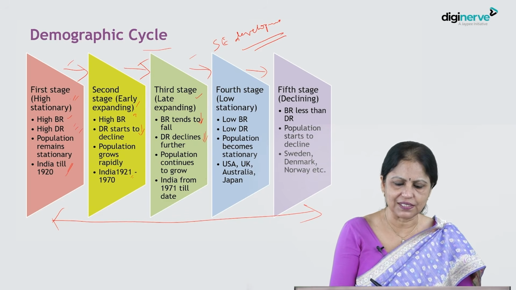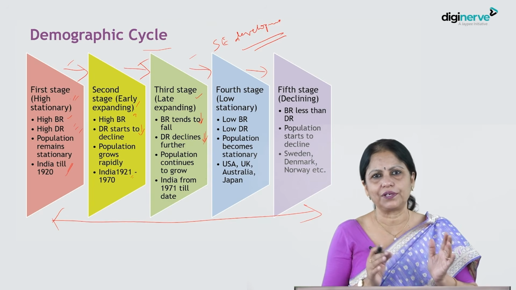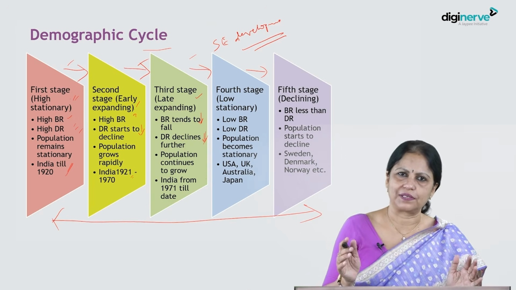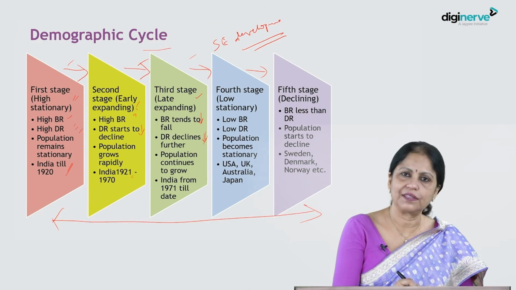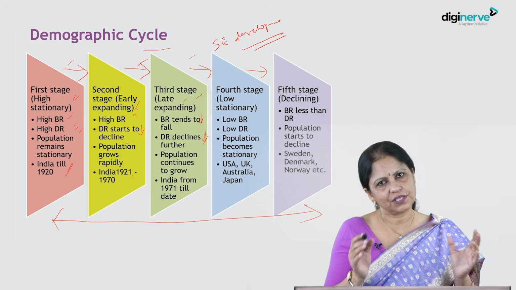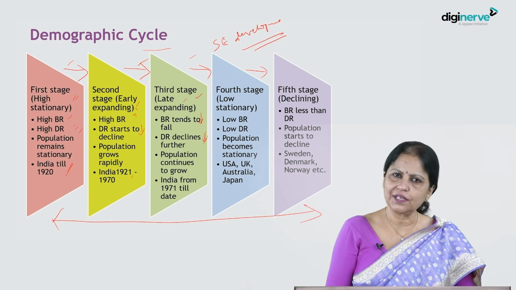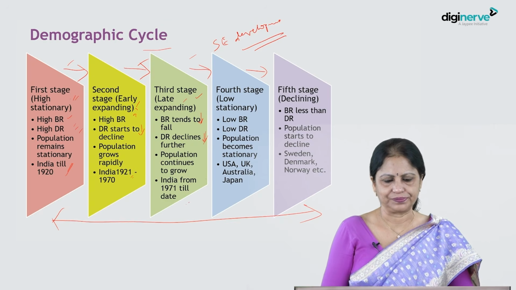So with death rate declining more than birth rate, the population still expands but at a slower rate than the previous stage. So this is known as late expanding. That means population ultimately is increasing in size but at a slower rate. So India is now in this phase.